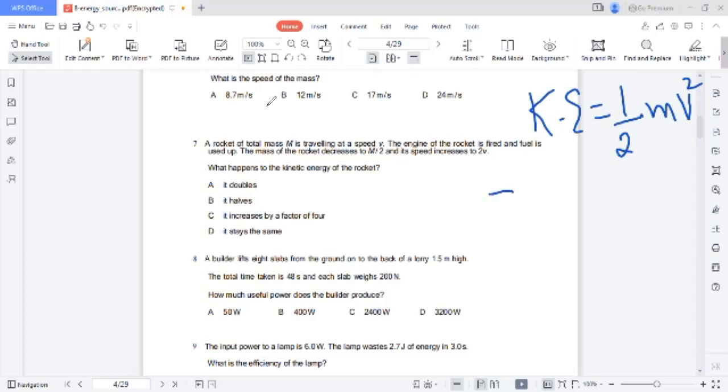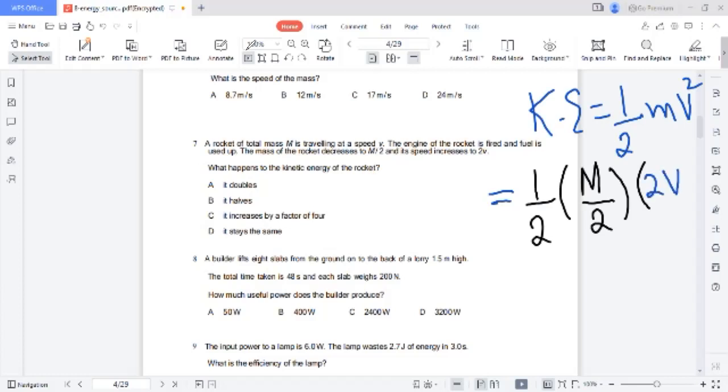So according to this, mass is reduced, mass became half and speed is doubled. So I'm going to call it the new kinetic energy, marked with a prime.